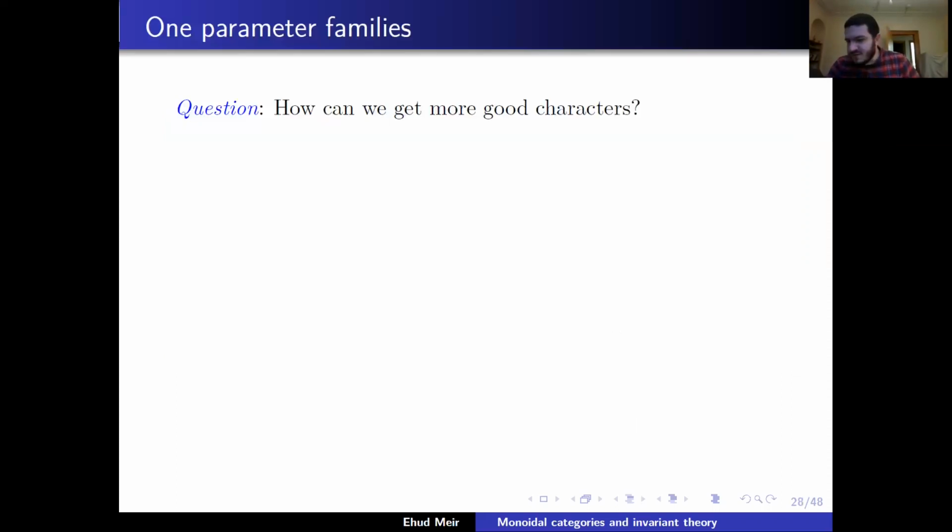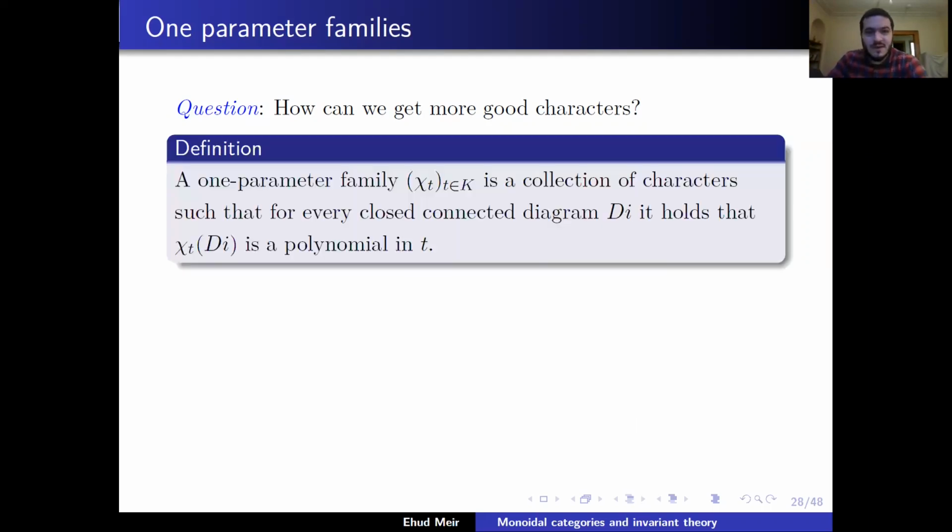Okay, so here's a question. We know that when you actually have some kind of structure, you can find the character and this will give you a good character. Now, can we find some good characters in any other way? So here's a definition.